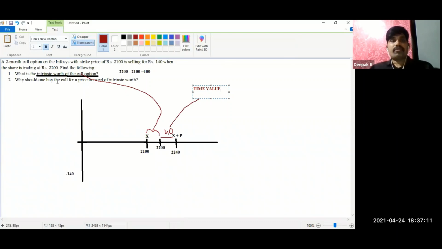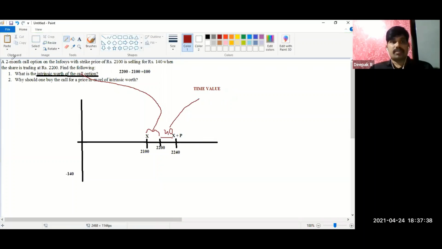You have intrinsic worth, but you firmly believe there are higher chances that this spot price of 2,200 will go further, and you will make more money than the exercise price plus premium. For that, you are ready to wait for 2 months, since it is a 2-month call option, and thus you pay an extra 40 rupees, which is the time value.